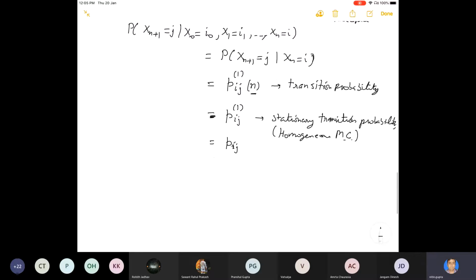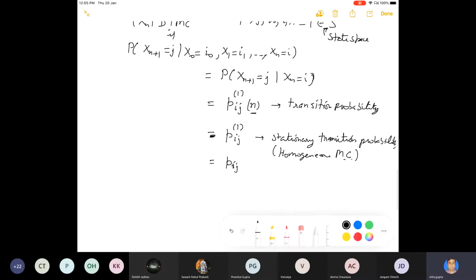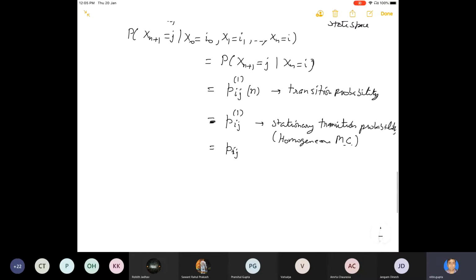Now, because it has stationary transition probability, we can write that this value is the same as the probability that Xm+1 is equal to j given Xm is equal to i.